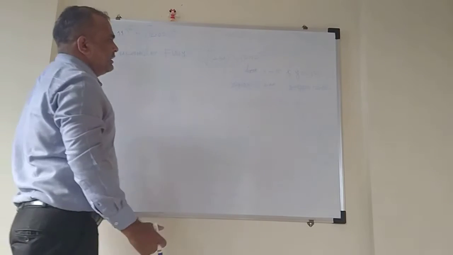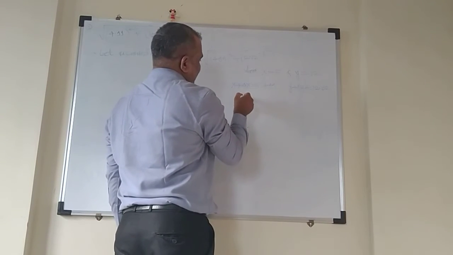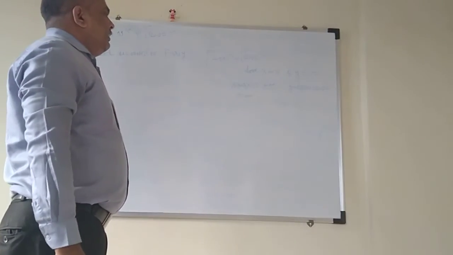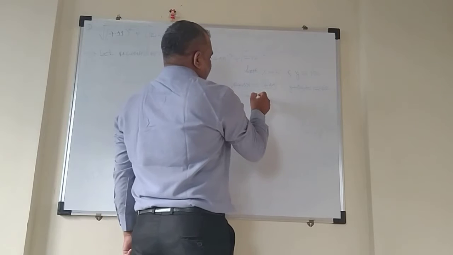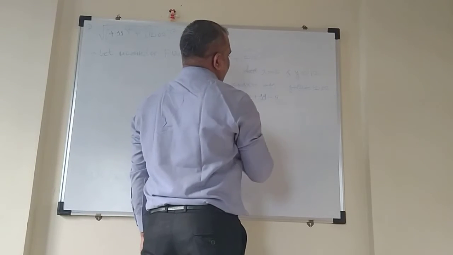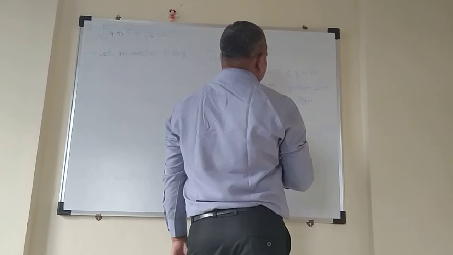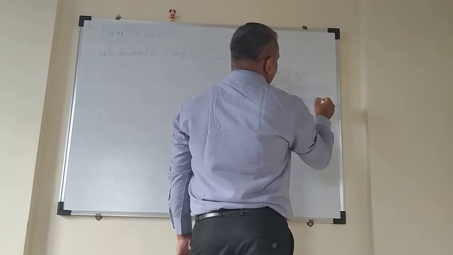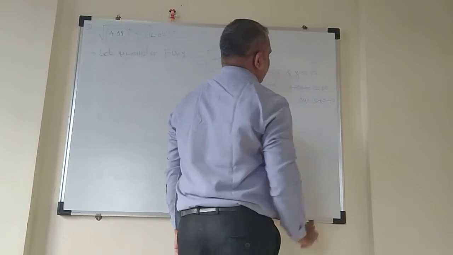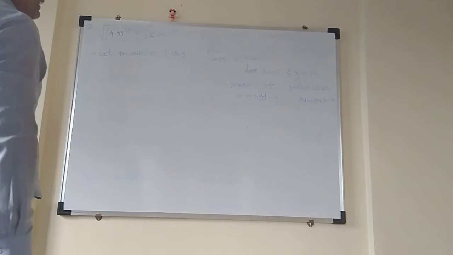So if you calculate the infinitesimally small values of delta x and delta y, delta x is equal to 4.99 minus 5, and delta y is equal to 12.02 minus 12. Fine. So that will give you the values of delta x and delta y.